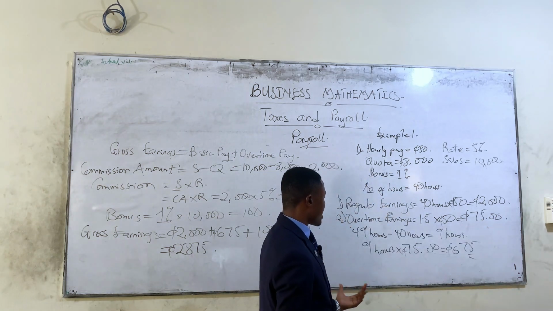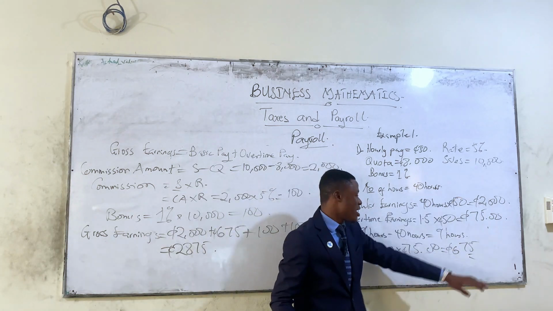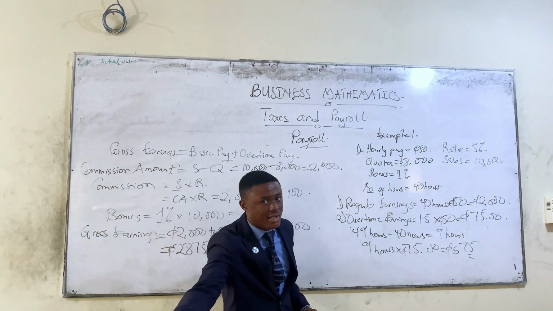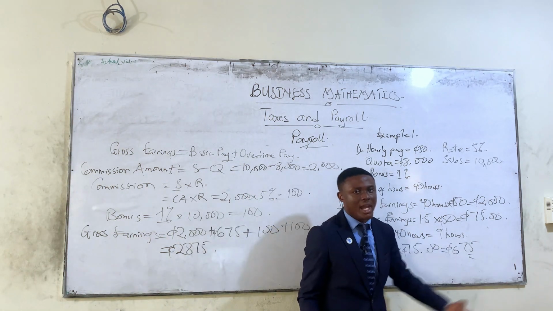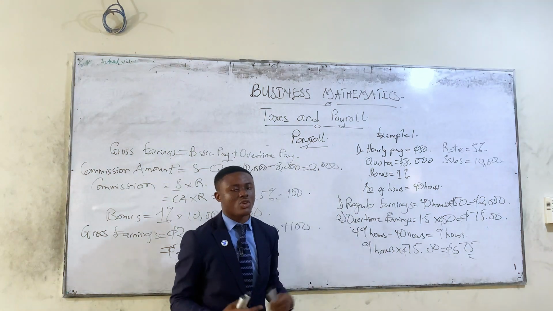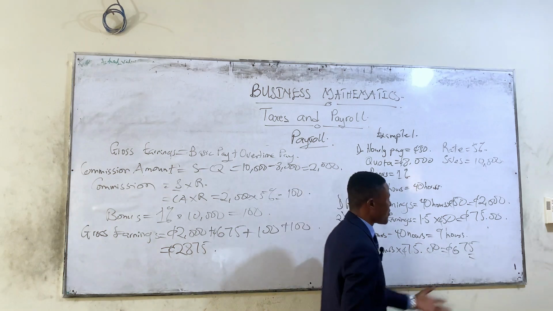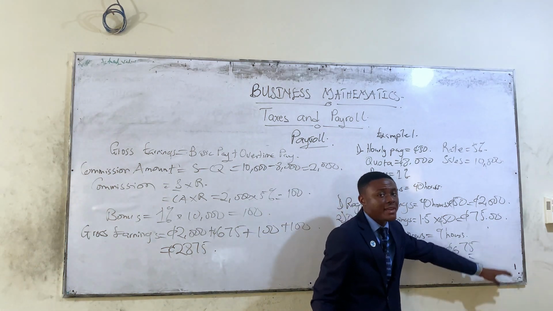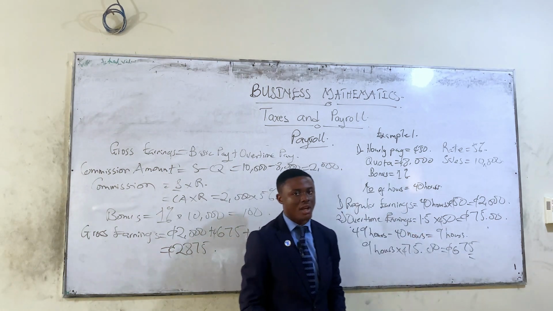After multiplying the number of overtime hours by the overtime pay per hour, we get this figure. So if the question says find your overtime tax, it means you have to multiply your overtime pay by the tax rate, which they are going to give you. Maybe if it's 5%, you just multiply your 675 times 5% to get your overtime tax. Are we good?